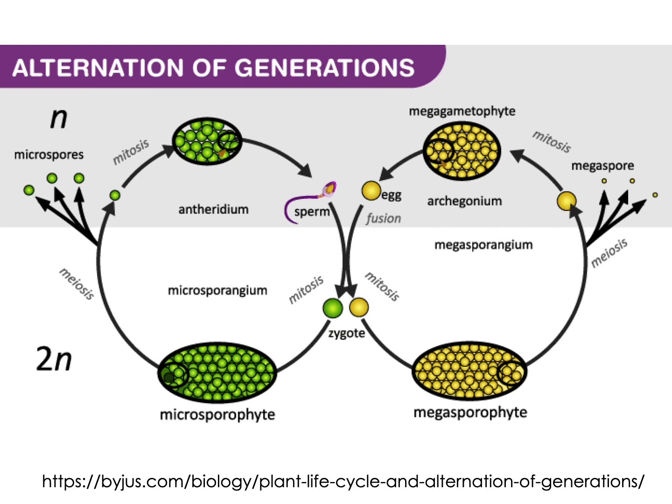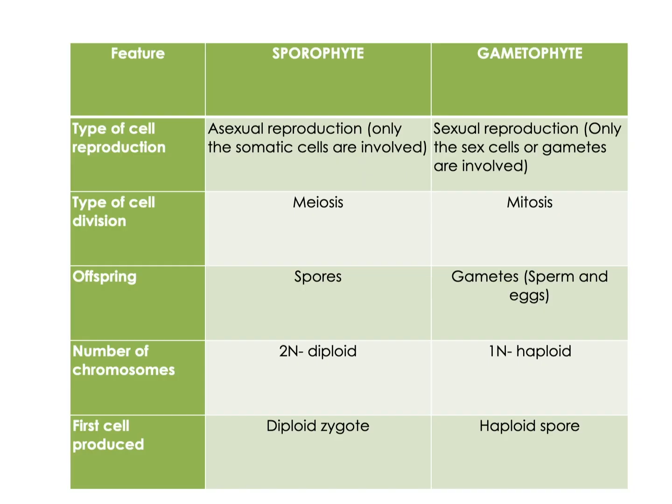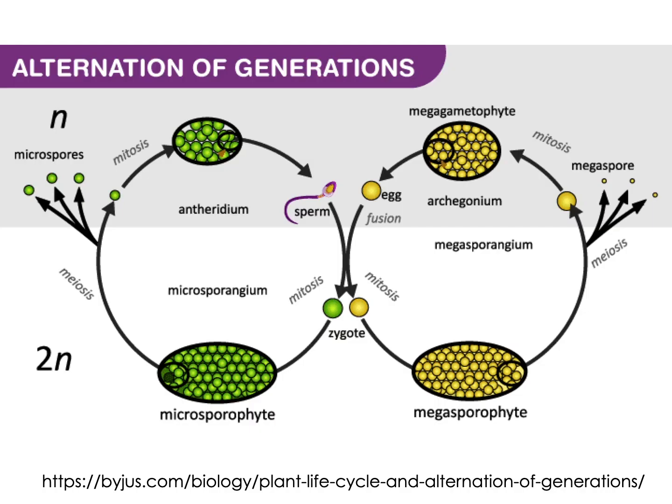So look at this picture here. It is showing the two stages of the alternation of generations. For the sporophyte generation, you can see that two haploid gametes fuse together to form a diploid zygote. This results in a sporophyte.